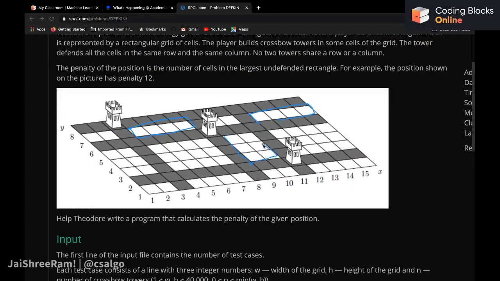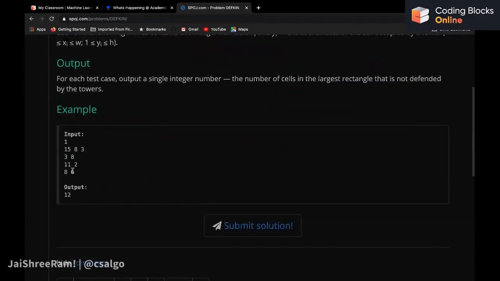You want to find out the area of the largest rectangle that is not defended. For example, in this case, this area is 4 into 3, that is 12 units, and you can see the output is also 12 for this particular input.